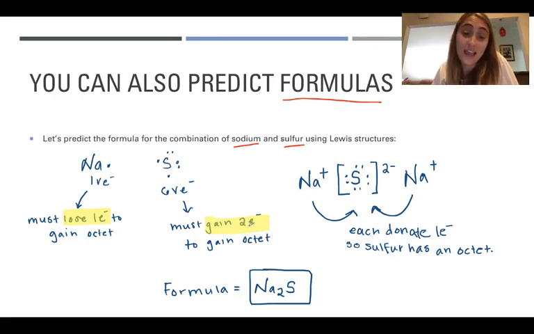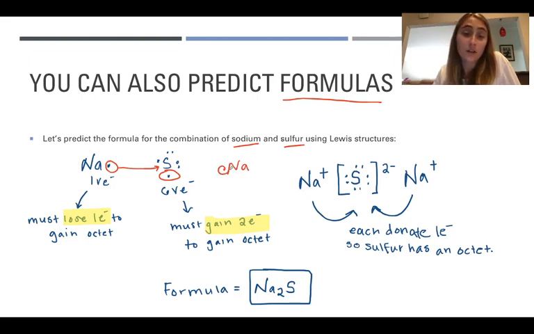It needs to gain 2 electrons. Sodium has to lose 1 electron. So even if sodium donates its 1 electron to my sulfur, sulfur still does not have an octet. This side is still blank, or it still needs 1 right here. So in order for this to gain another one, I actually need another sodium with another valence electron.